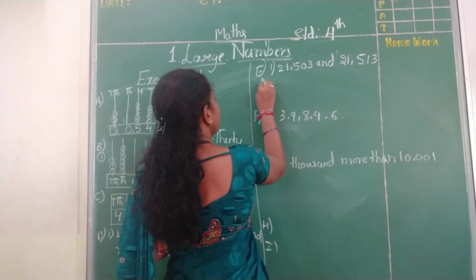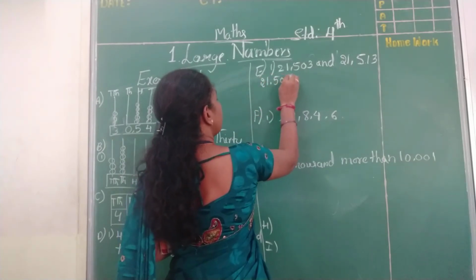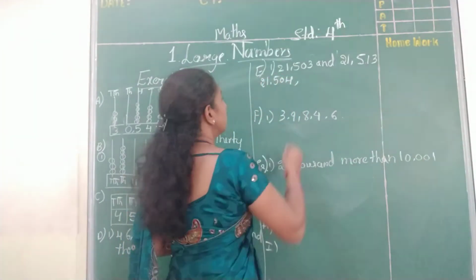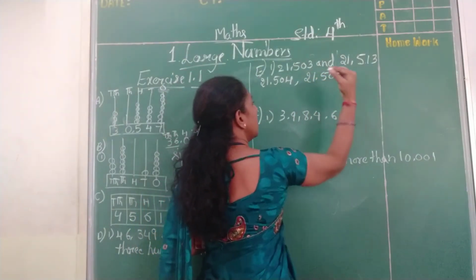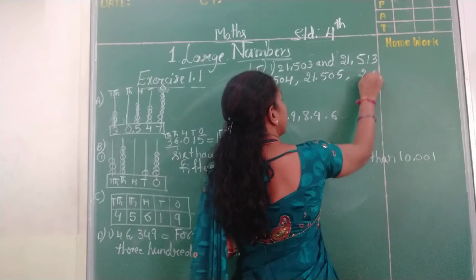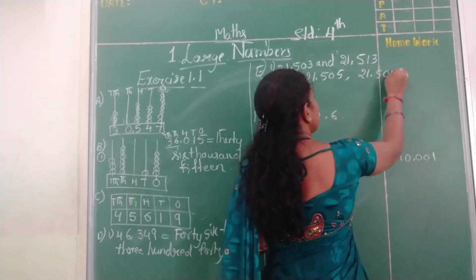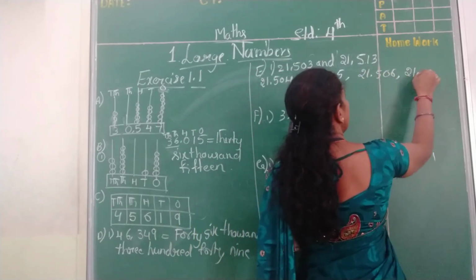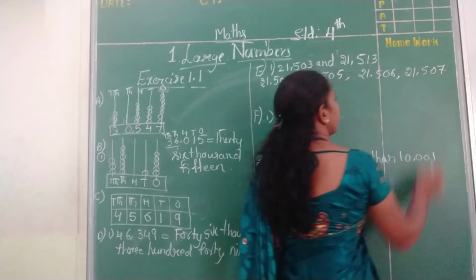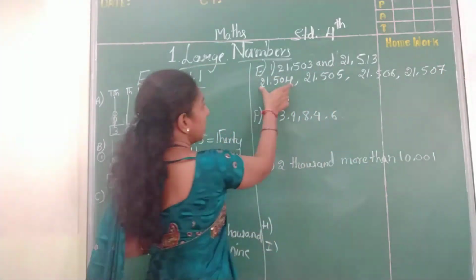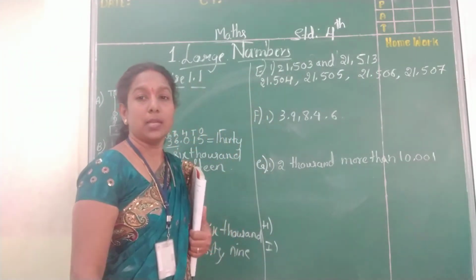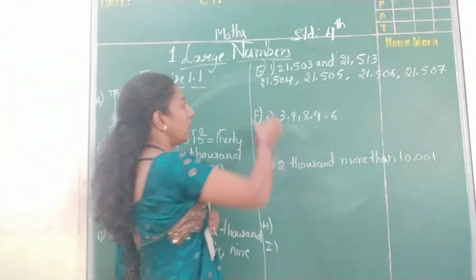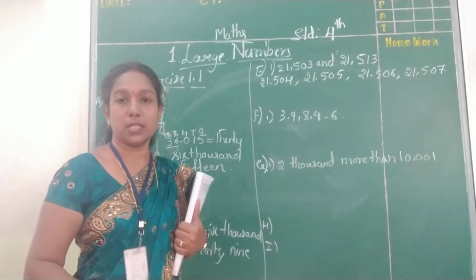That is 21,504, comma, next 21,505, comma, next 21,506, 21,507. Always after writing numbers, please give a little bit more space, because if you do not leave space, all the numbers will be merged.